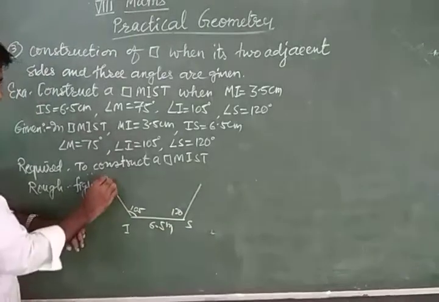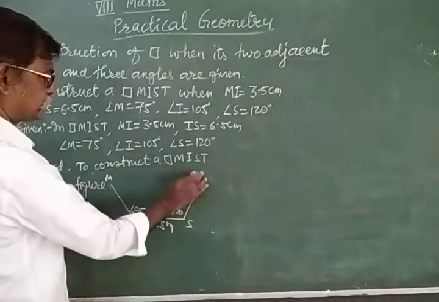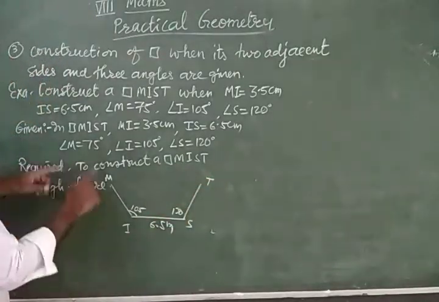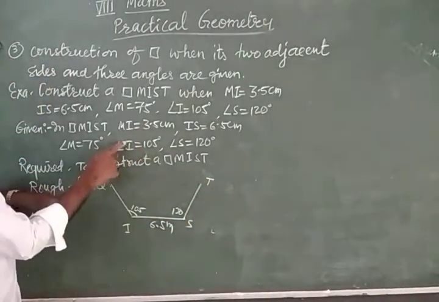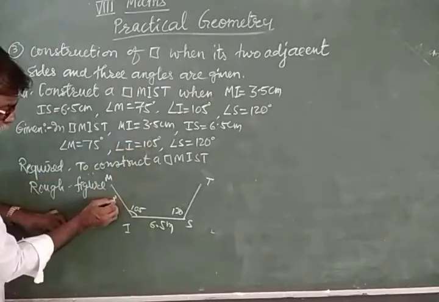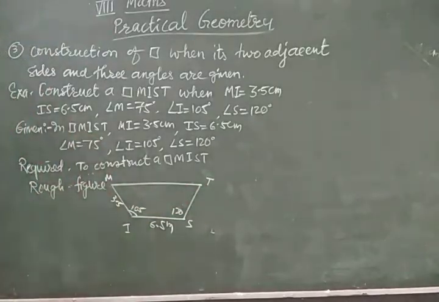This is M and this is S. Then the last will be T. Now MI, this is 3.5 cm, and then join this, so we get the quadrilateral like this. This is the rough figure. It is not correct actually. Now we shall do it.